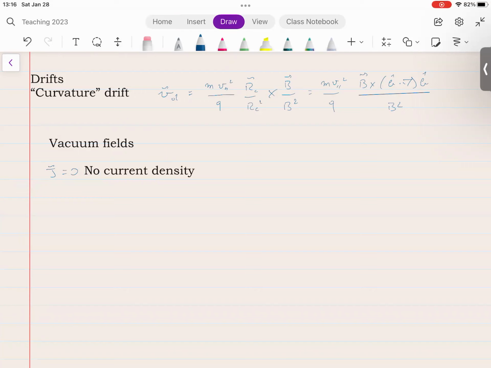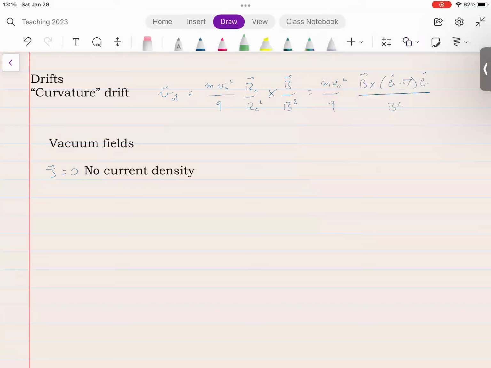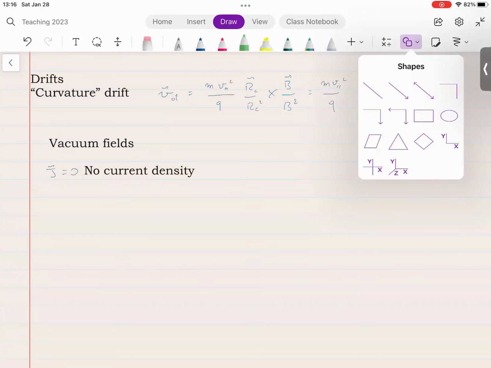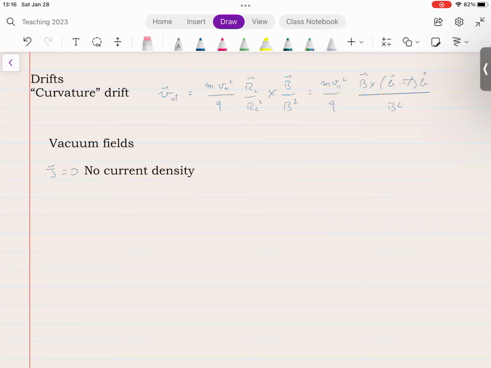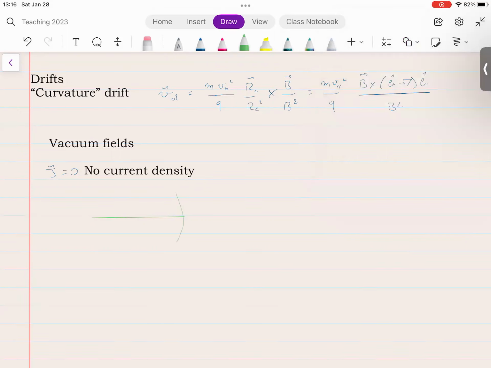Okay, let's see what the geometry looks like. Maybe I can use a different color to make my drawing here. We have some magnetic field. Here's my radius. And here I have a little arc. There's no way I can make it as pretty as I would like, so I'll just do some hand drawing.